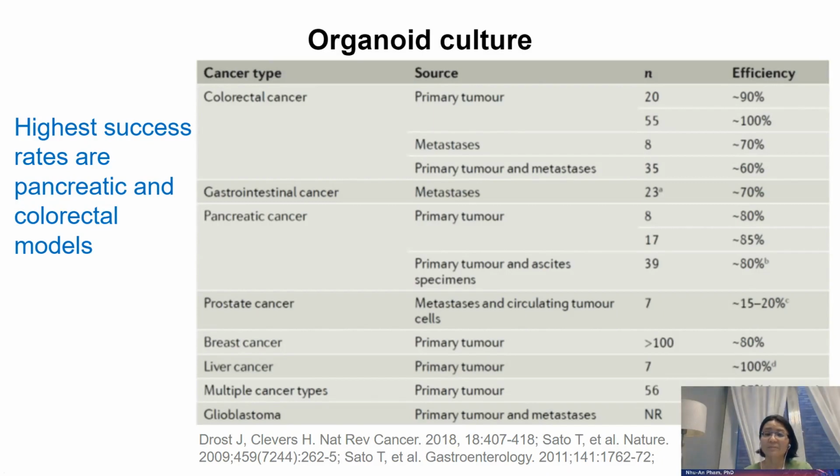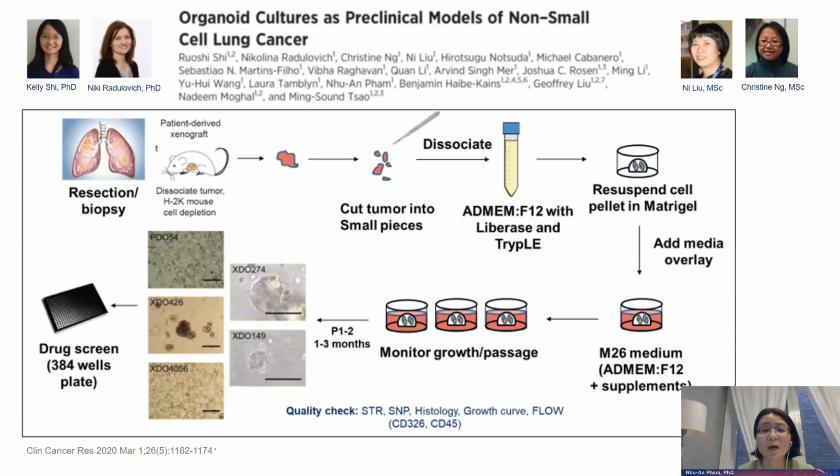This is one of the figures in his review paper, and it lists some of the major tumor types that have been established, with the highest success rates in pancreatic and colon cancer models. In the lung organoid model, this project is run by Dr. Nikki Radulovich and a former PhD, Kelly.